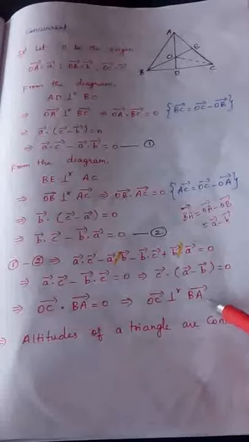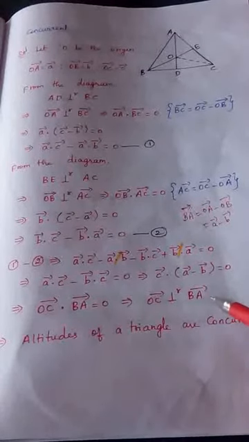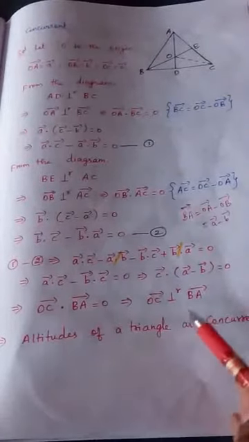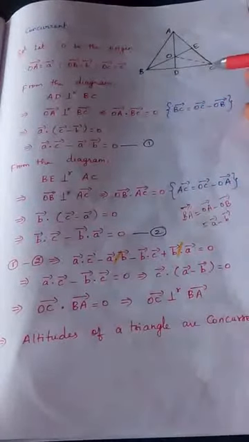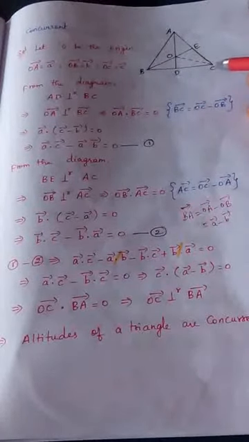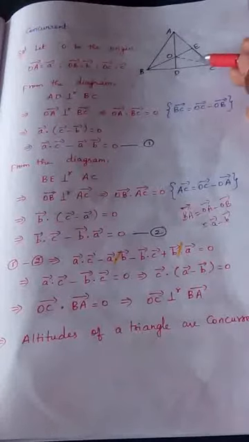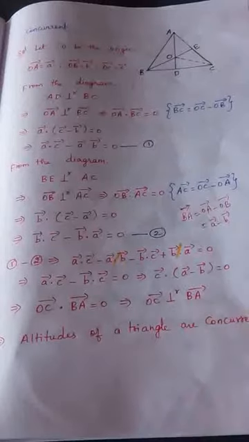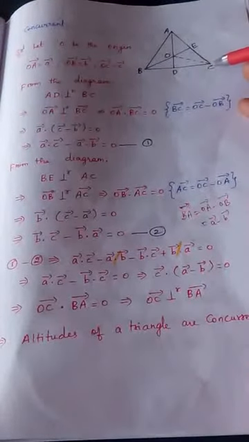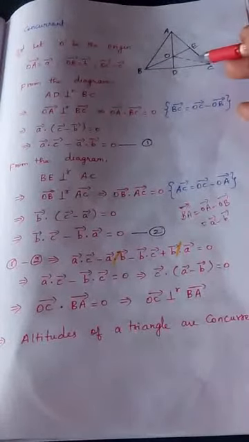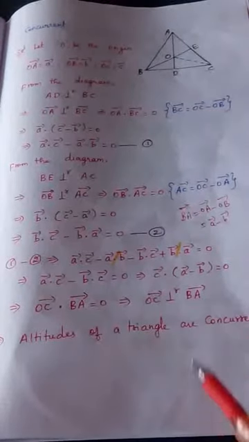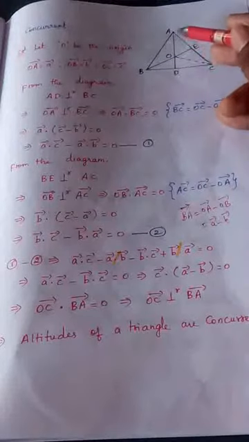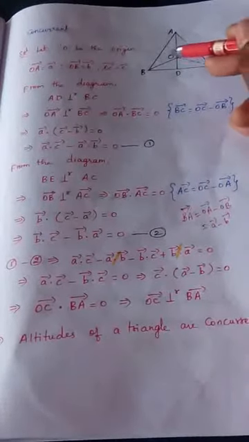From this line, I can understand that OC means the line which is drawn from C passes through O. What is the meaning of OC vector? If I draw a line from C that passes through O, that is also perpendicular to BA vector. BA vector is nothing but this. So this is the altitude.